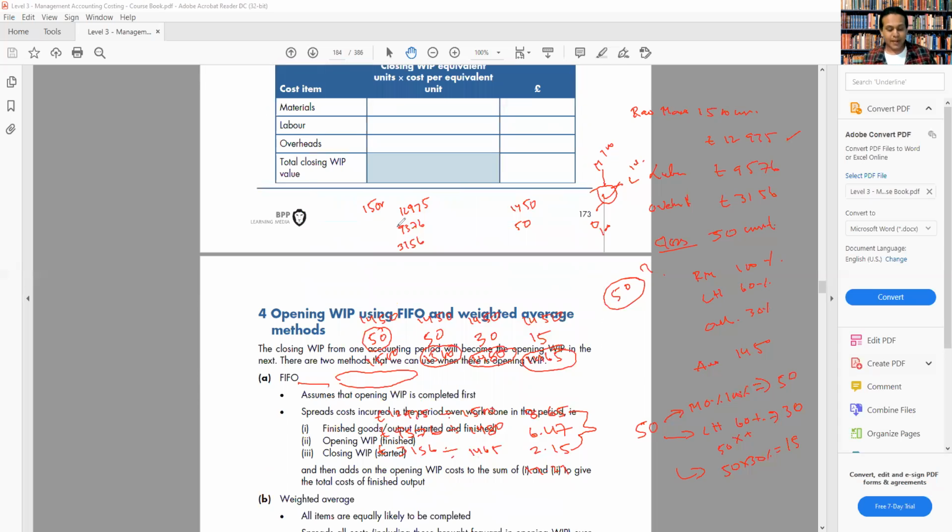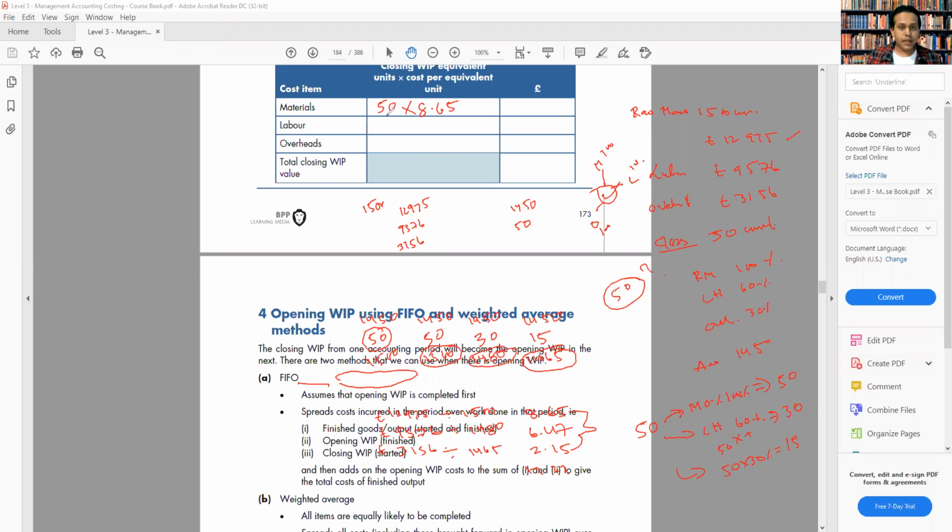So we have the material. The material we have 50 units. So we are only calculating the WIP, work in progress. So 50 units times per unit material was 8.65. That gives me the material.